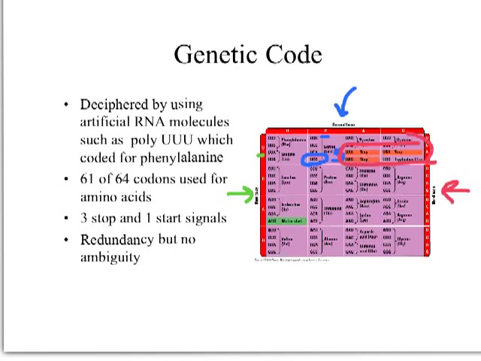Those guys mean stop making the protein, we're done with it. And then we've got 1 start signal. So anytime it's a code for AUG, it's methionine, and that always is going to start the protein sequence. So every protein always starts with the amino acid methionine.